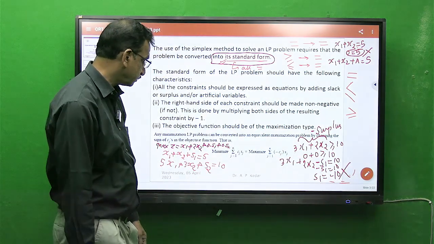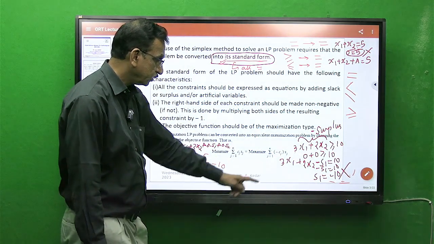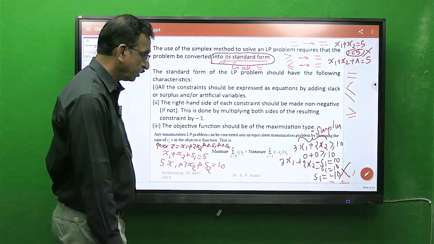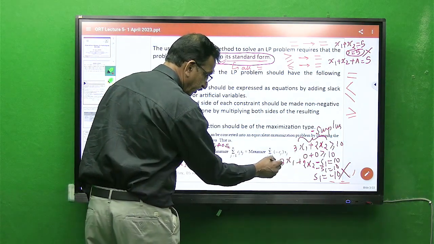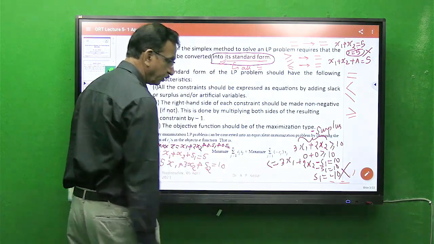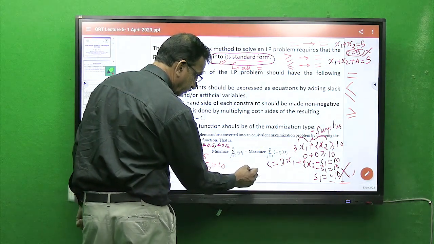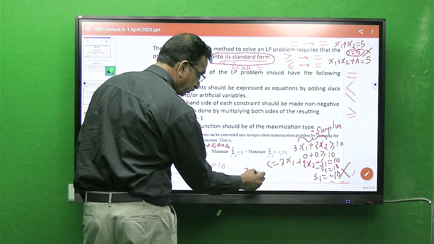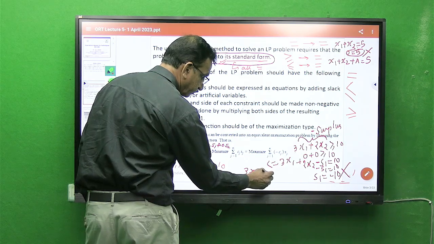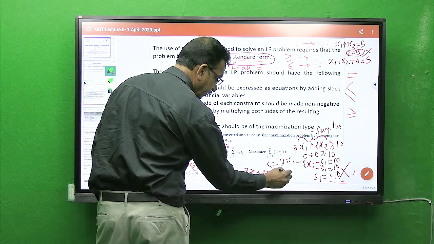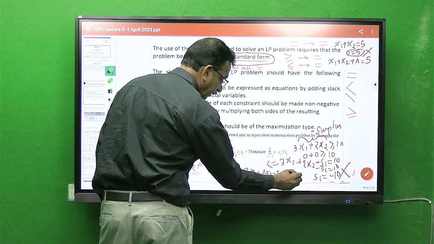To compensate for this negative sign, what we have to do here? We have to write 3x1 plus 2x2 minus s1 plus a1 equal to 10.